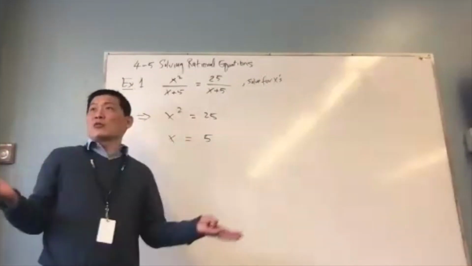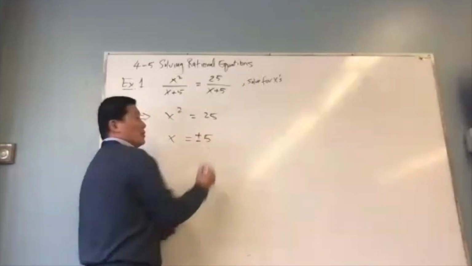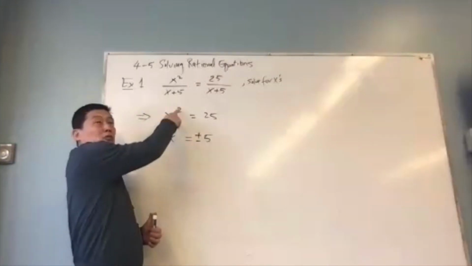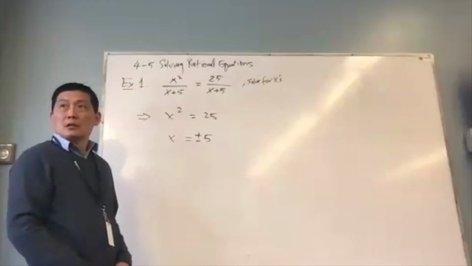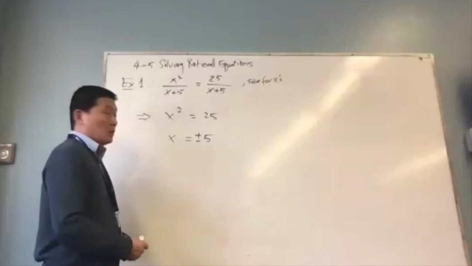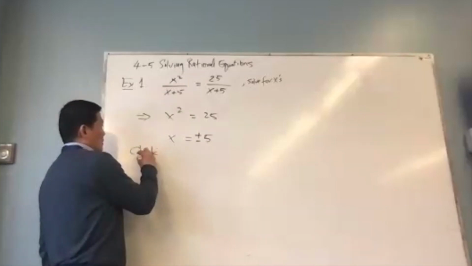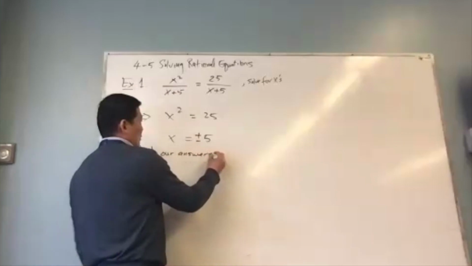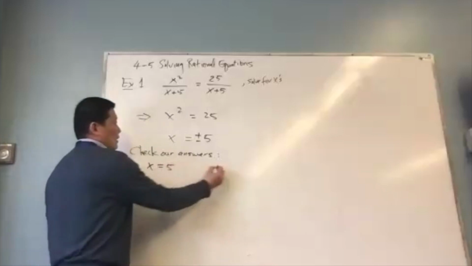Is that the only answer? Isn't it plus and minus 5? Because negative 5 squared is equal to 25 too, right? But let's check our answers. So you have x equal to 5 and x equal to -5.